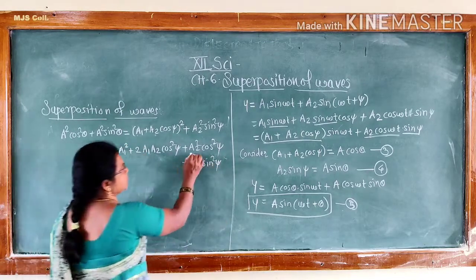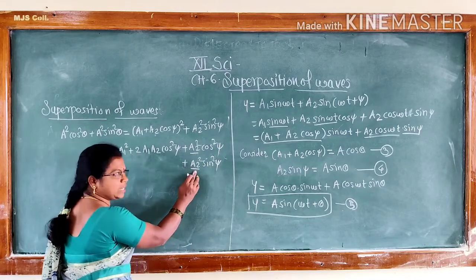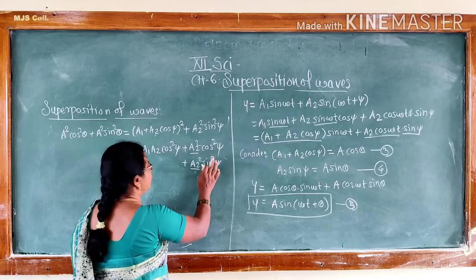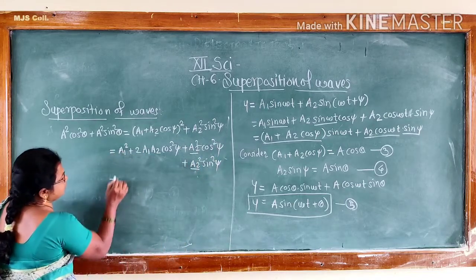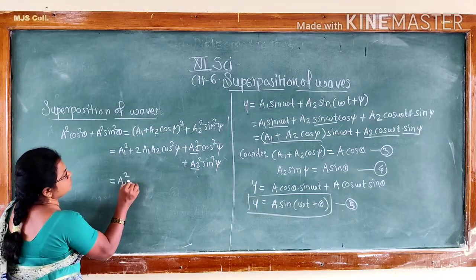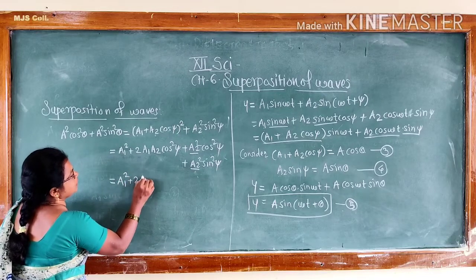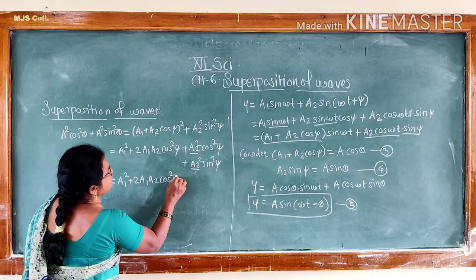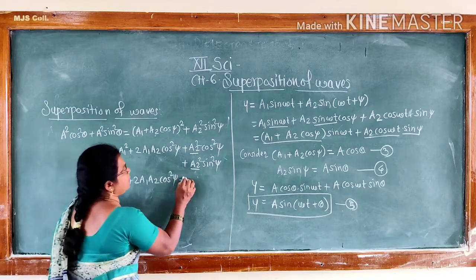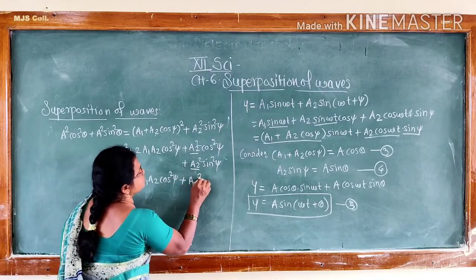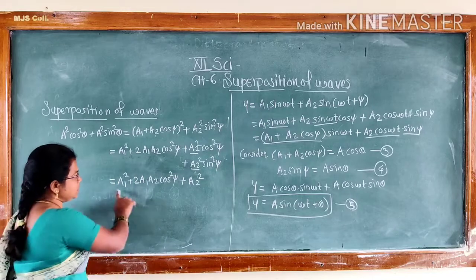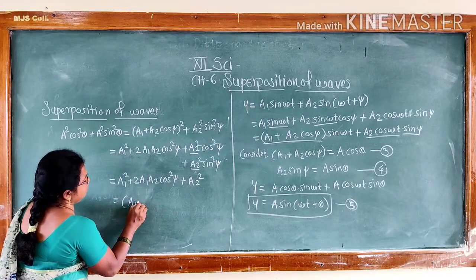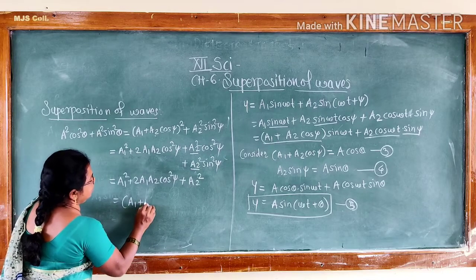Since A2 square is common, cos square psi plus sin square psi is equal to 1. So what remains here is A1 square plus twice A1 A2 cos psi plus A2 square. What is this? This is the square of A1 plus A2 cos psi.